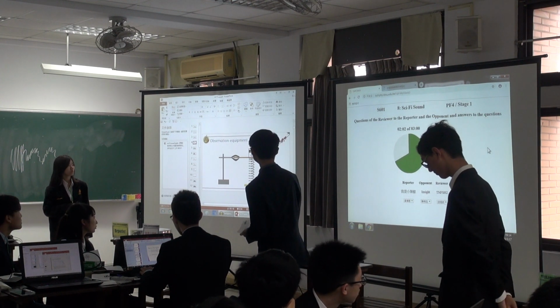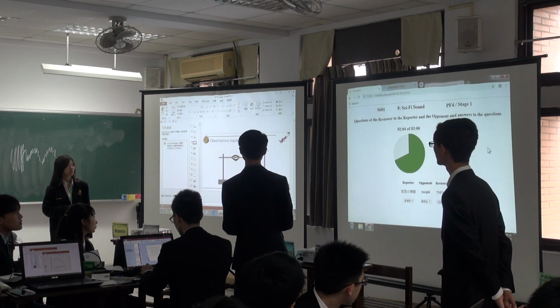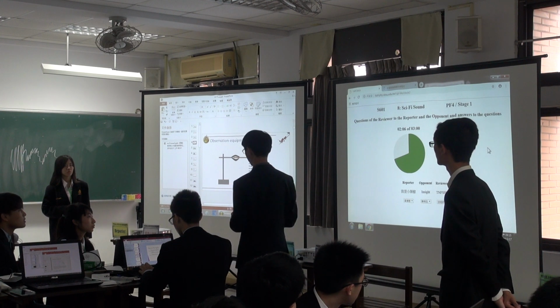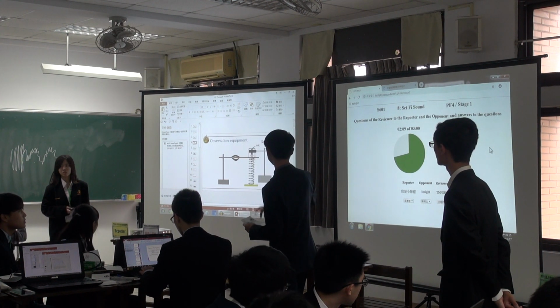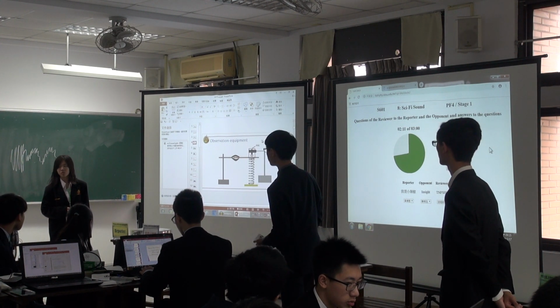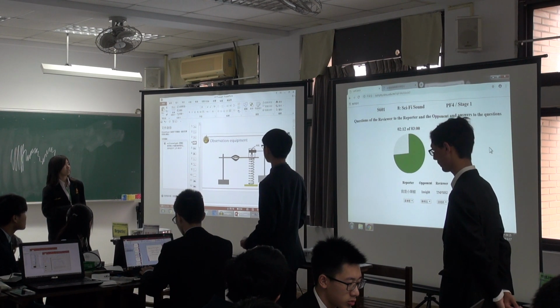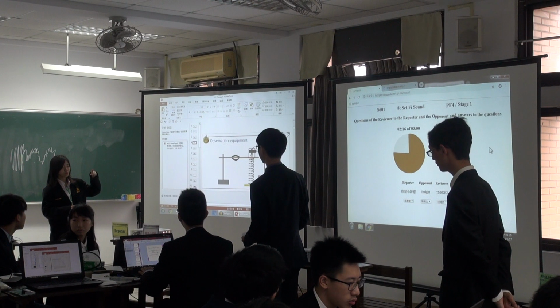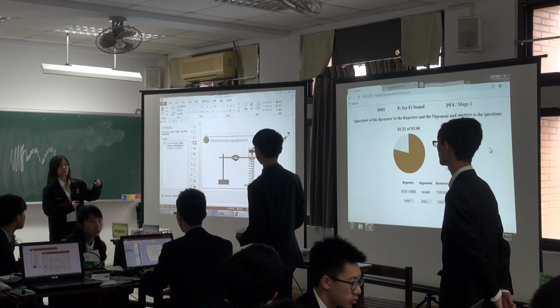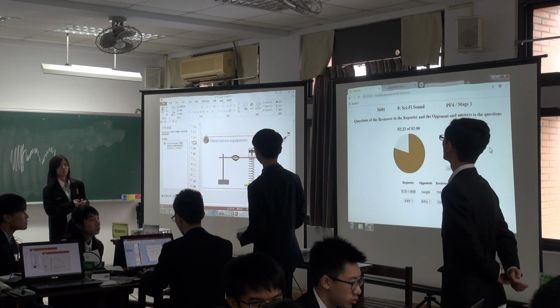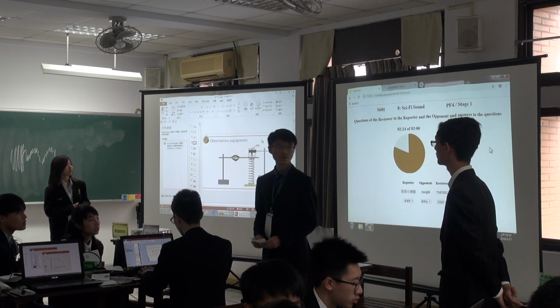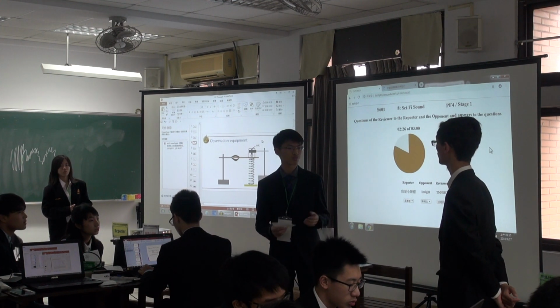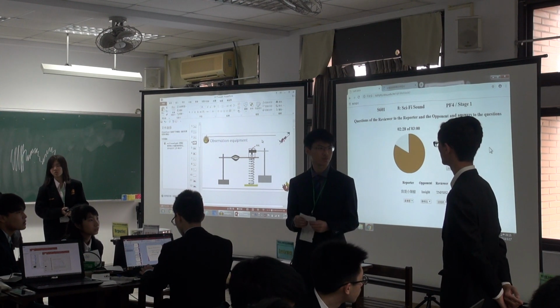You use this setup, right? Yes. And have you ever considered the damping, which is on one side? Yes, but we use the same spring, so definitely it is the same. Oh, okay. So do you think the damping will really affect this experiment?